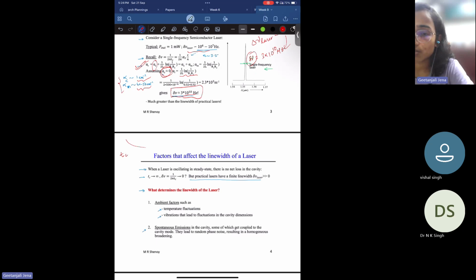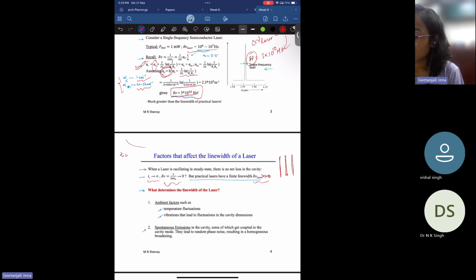Because there is no loss in the system, Tc will be infinity. So in this case we would get delta nu as 0, that means we would see sharp peaks here. But instead, in a practical situation, we see delta nu is much greater than 0.